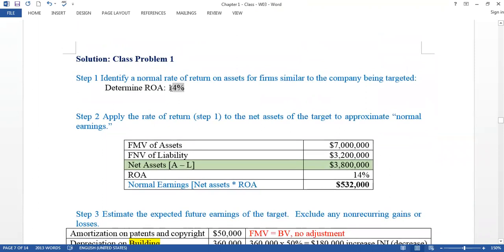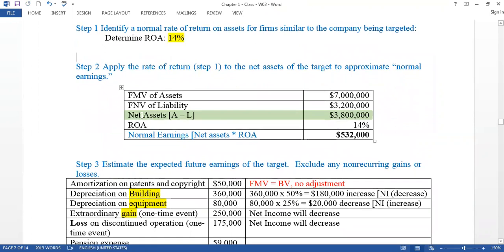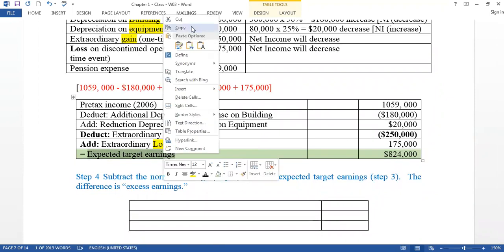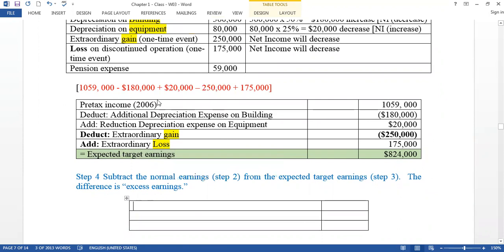So we know our rate of return. We know our net asset. We know our normal earnings. And we already have our expected earnings. So excess earnings is expected earnings minus normal earnings.